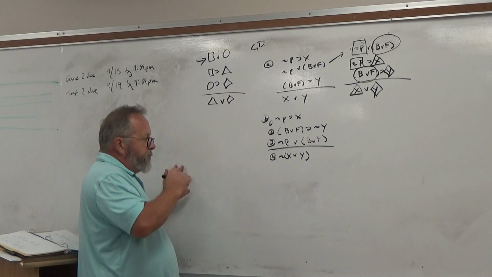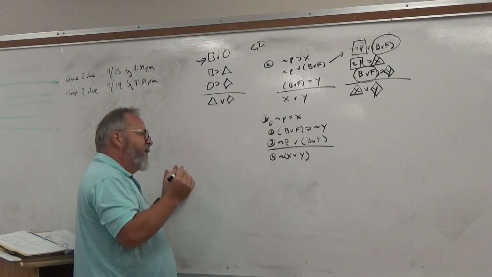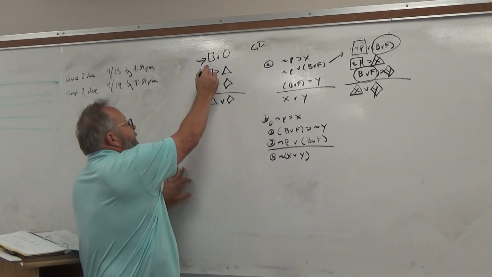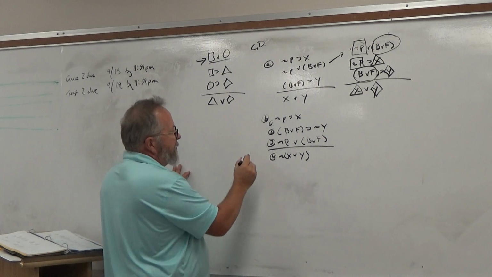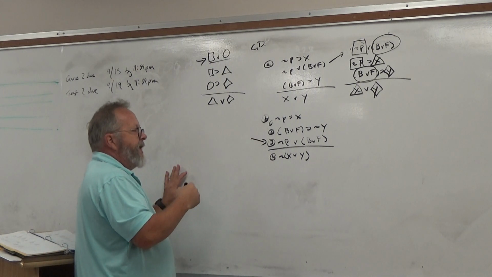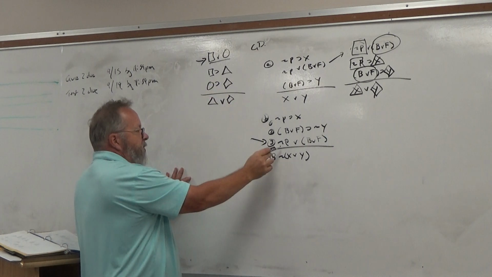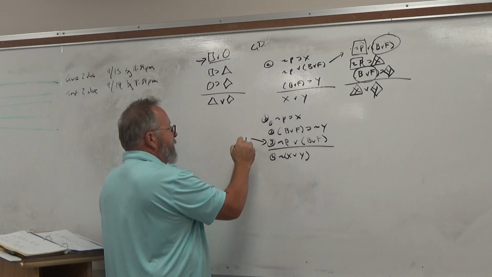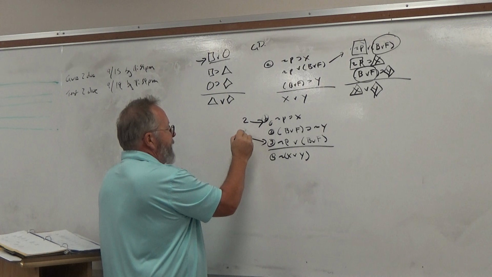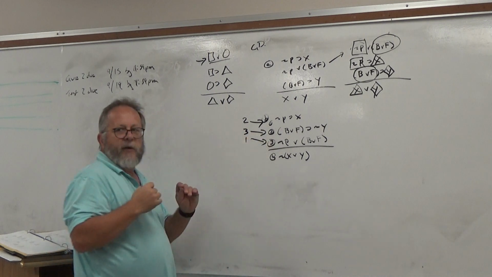So the first thing I need is a disjunction, so that should come first, and then I would need a conditional that starts with a not P. So this would be 1, this would be 2, and this would be 3 if I'm reordering them.